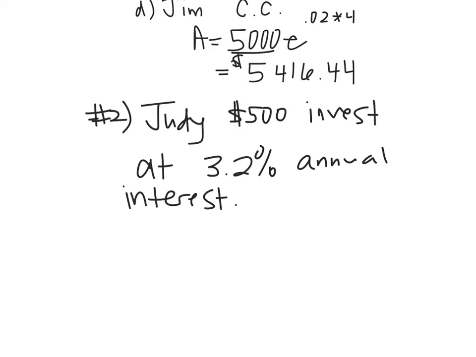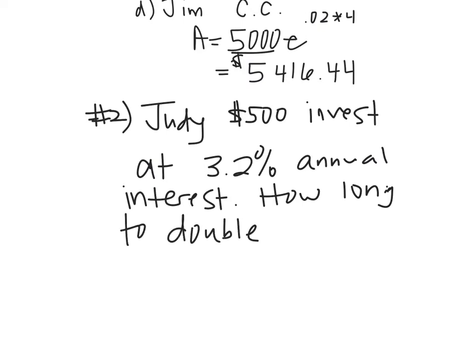How long will it take for her to double her money? Oh, and she's compounding this monthly. No, quarterly. Let's do quarterly. How long for her to double her money, compounded quarterly?